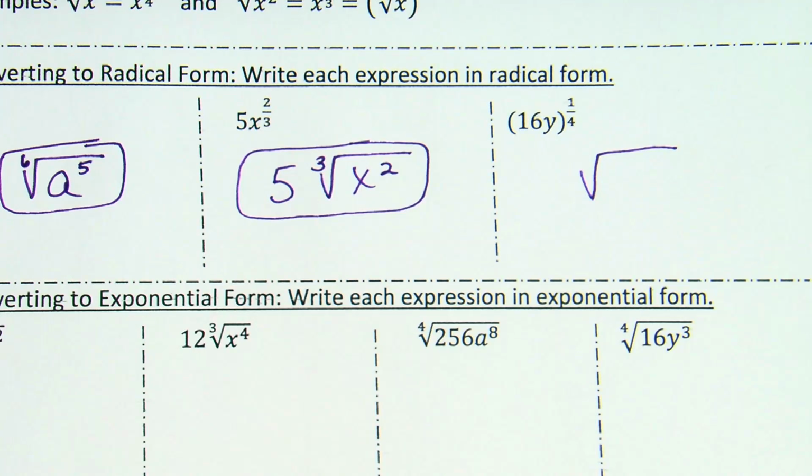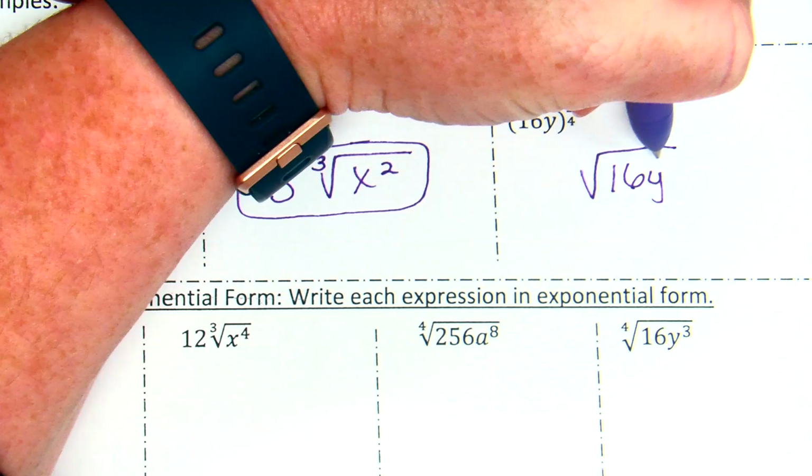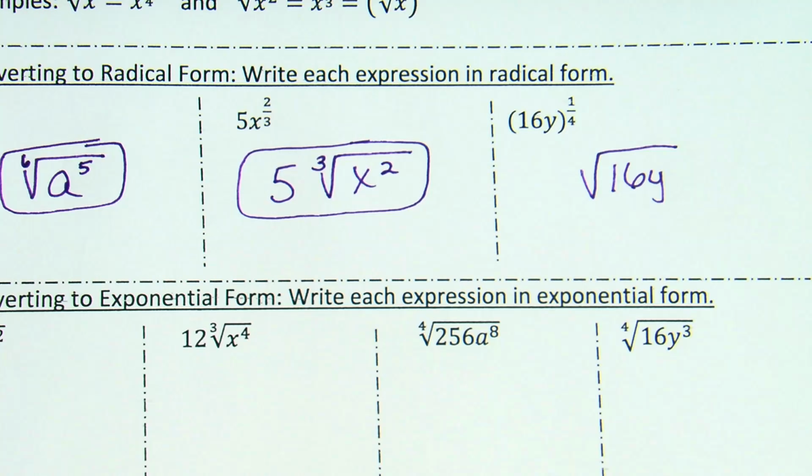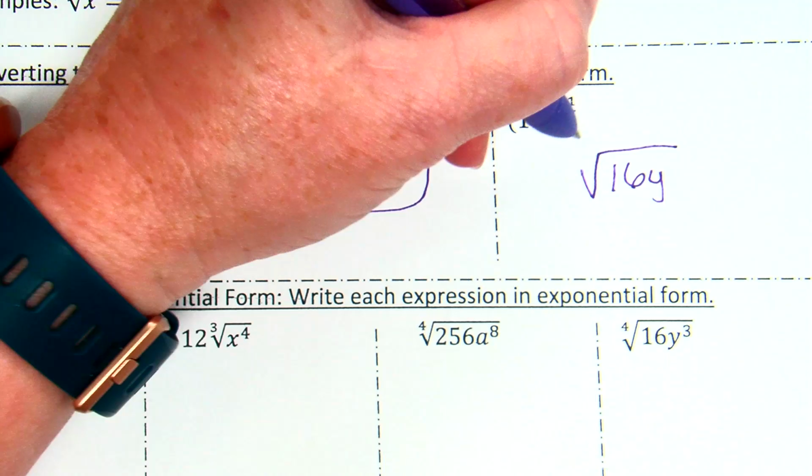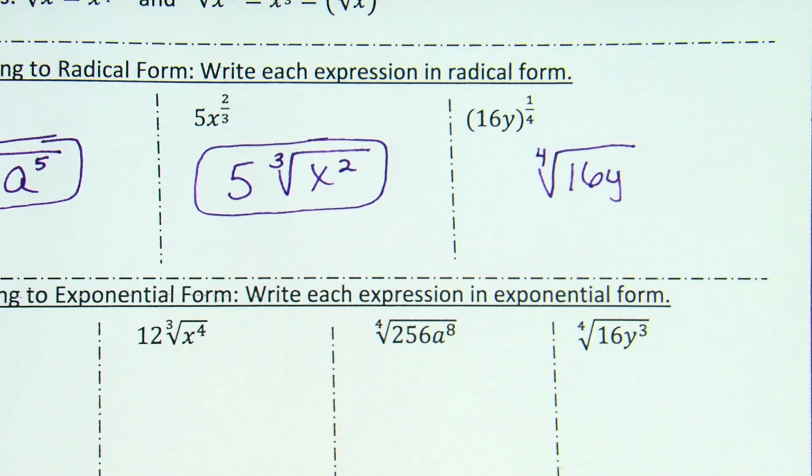That 16y all has the power of 1/4, so it's going to be 16y under the radical. To the first. Okay. The power is the first, so I don't have to write that. What's the index, or the number that goes right here on the edge of the radical? The 4. So we have the 4th root of 16y.